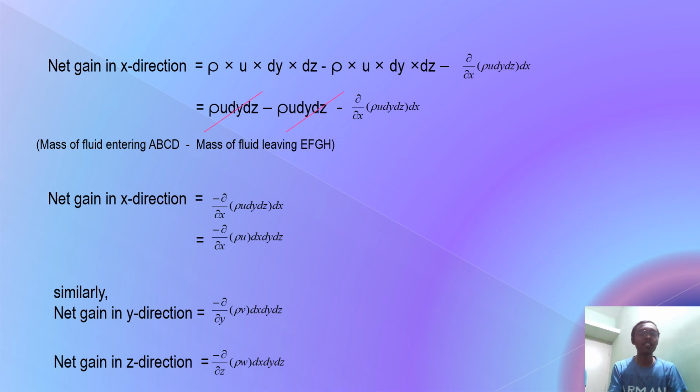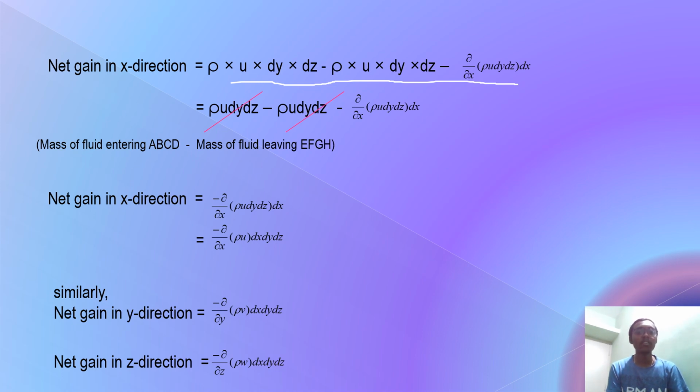Next, the net gain in x direction is rho u dy dz minus rho u dy dz minus del by del x of rho u dy dz with respect to x.